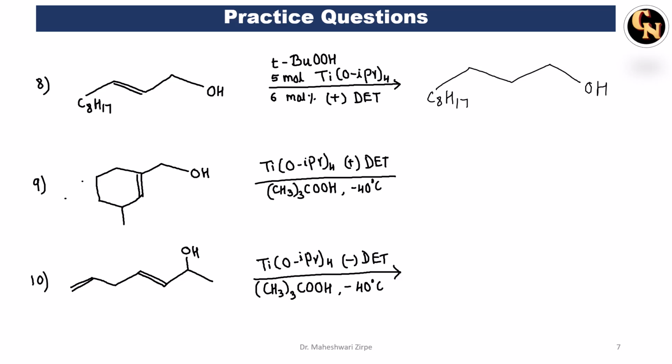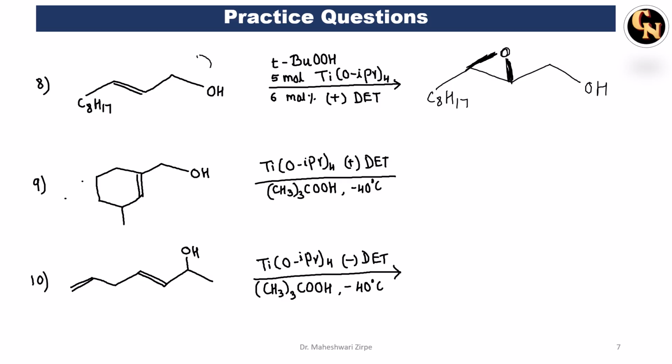We are going to get it here, because when you turn in the anti-clockwise direction, the OH is on the right hand side, and it is DET. So we are going to get the epoxide which is above the plane.